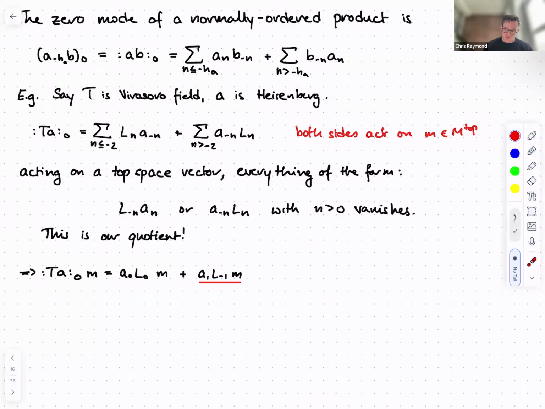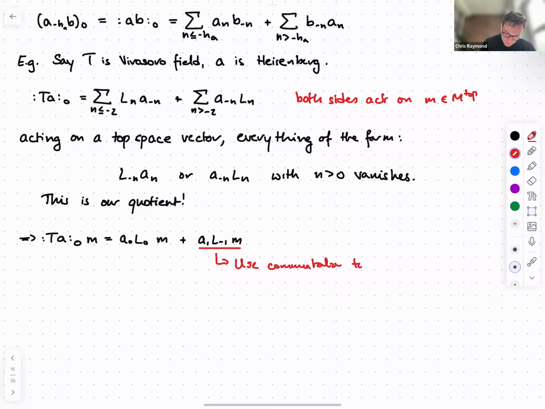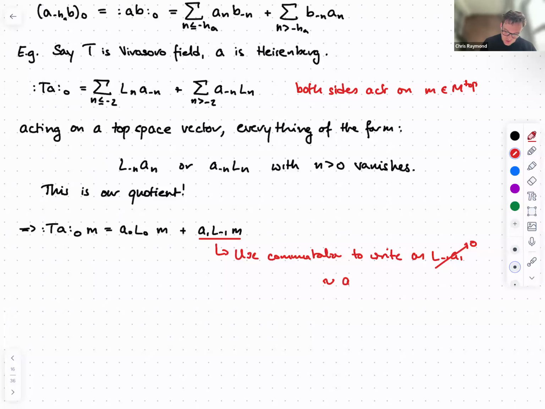Now, what do I do in this case? Well, here I have something that I can't do much about. I have a product of two zero modes. There I need some sort of relation on my zero mode algebra. Here, what I can do is take this expression and rearrange it. I can use the commutator to write such a thing as an L minus 1 A1, which vanishes, and then something proportional to A0.